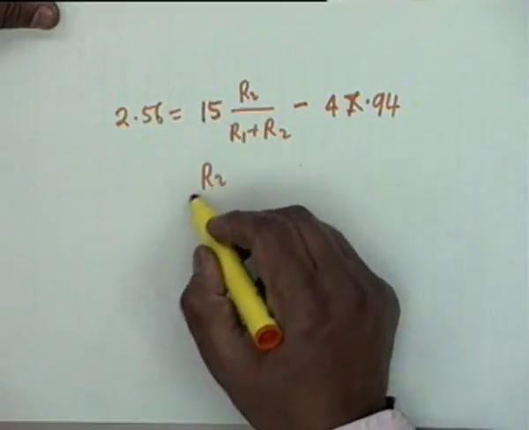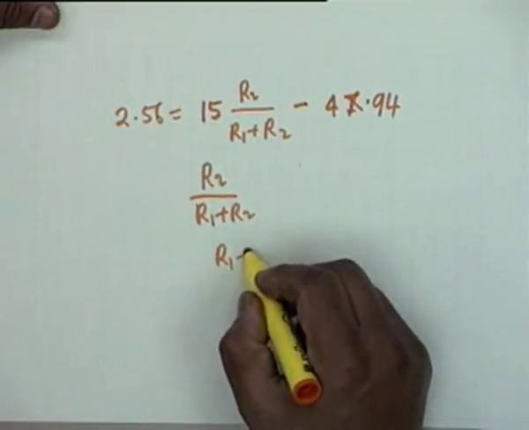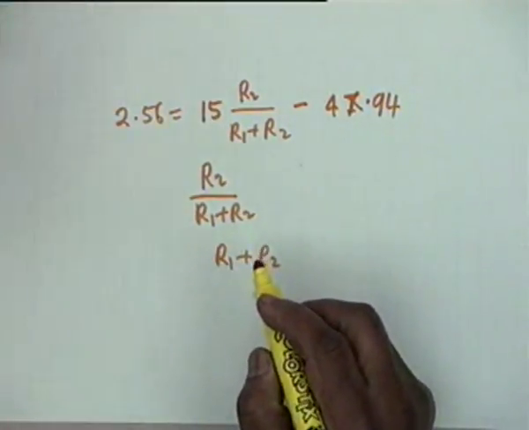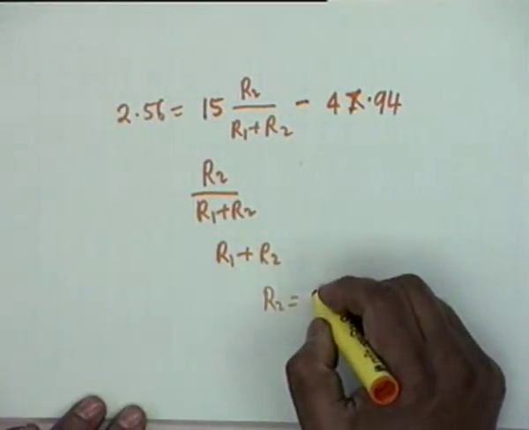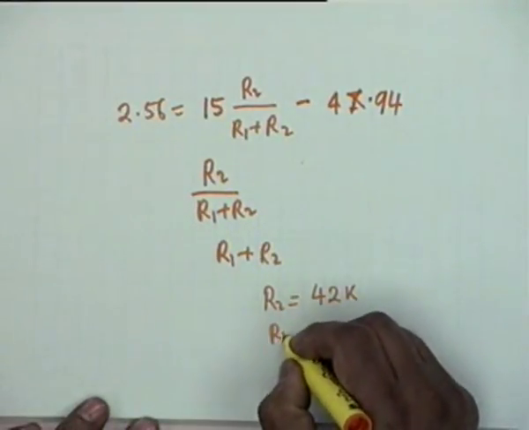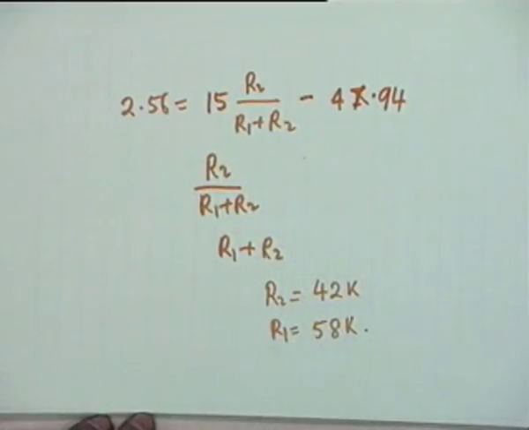Therefore you know R2 by R1 plus R2, and you know R1 plus R2 is 100K, so you can find out R1 as well as R2. My solution here, it was simpler to work out, so I did 42K, and R1 is equal to 58K. That's the solution.